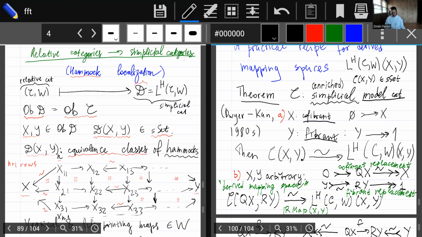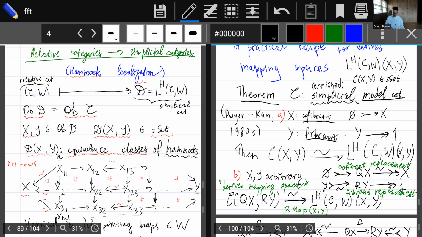And slightly more generally, if X and Y are arbitrary, you can use the axioms of a model category to factor the unique map from the initial object to X as the composition of a cofibration followed by an acyclic fibration, as indicated here.